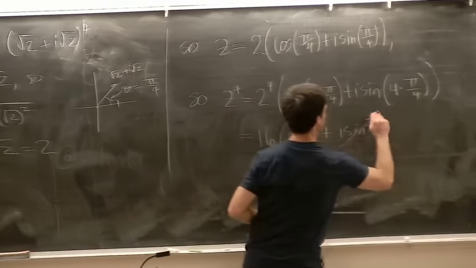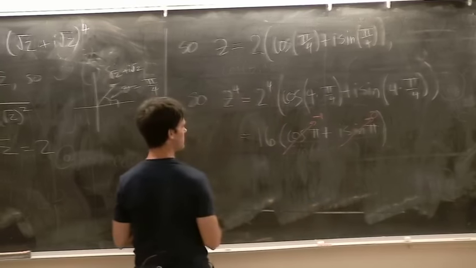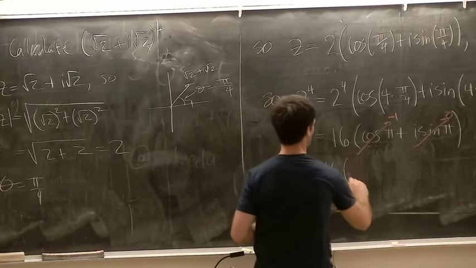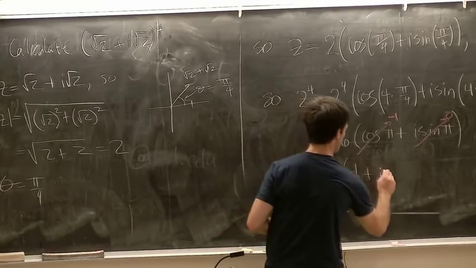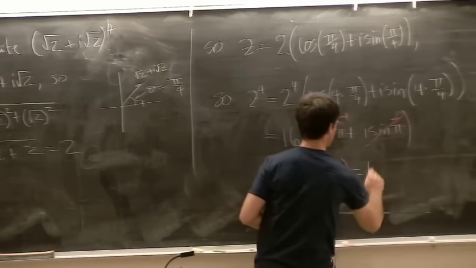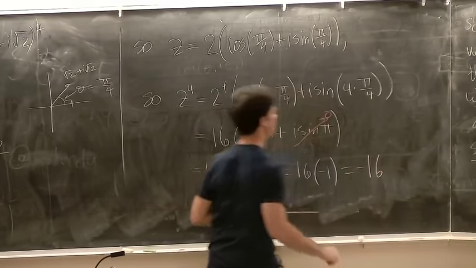Sine pi is 0, and cos pi is -1. So this is 16 times -1 plus i times 0, so that's 16 times -1, which is -16.